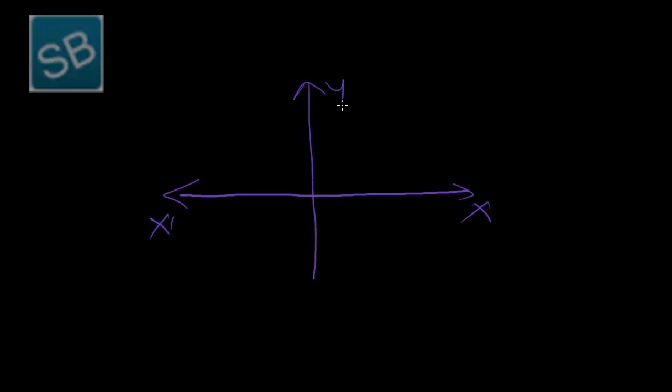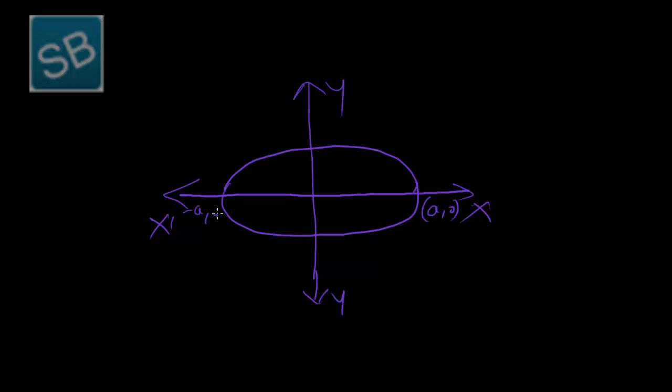Now we consider the case of an ellipse. This is the x-axis and this is the y-axis. If this is an ellipse, you can see that it is also symmetric. This is called the major axis of length 2a with coordinates a comma 0 and minus a comma 0, and this is called the minor axis with coordinates 0 comma minus b and 0 comma b.